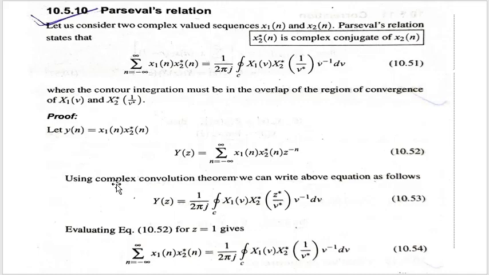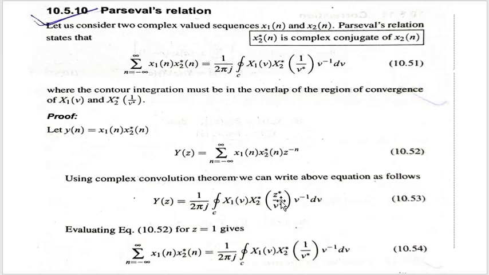Using the complex convolution theorem, this product term can be directly written as Y of z equal to 1 by 2 pi j contour integral over C of X1 of v, X2 conjugate of z conjugate by v conjugate, into v inverse dv. Wherever the X2 of n term was there, now the conjugate of X2 comes.